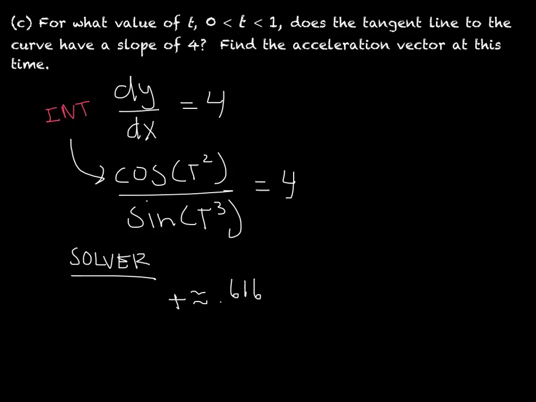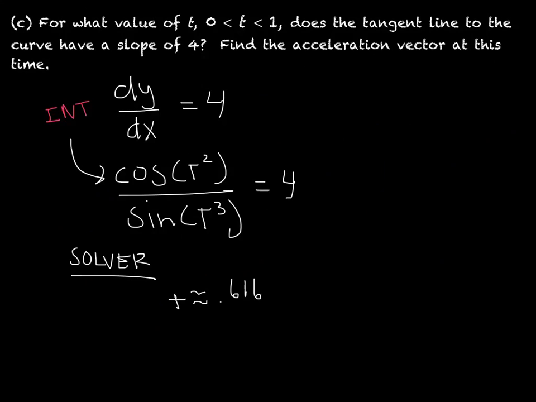And then it says find the acceleration vector at this time. So once again, here is a great opportunity for you to use your calculator. In class, I'll show you a little bit more about this, but essentially all you need to do is set up the derivative and plug in at a point. There's a feature on your calculator under the calculus menu that you can select, derivative at a point.